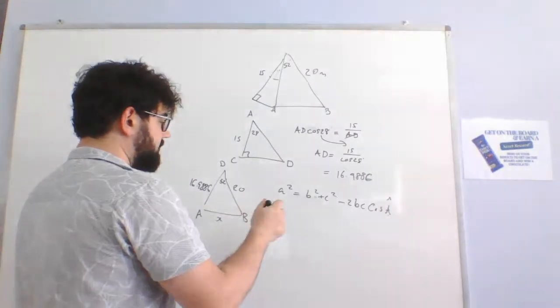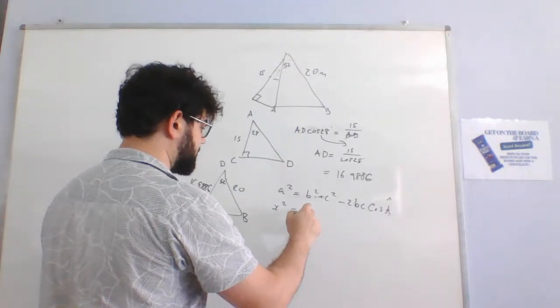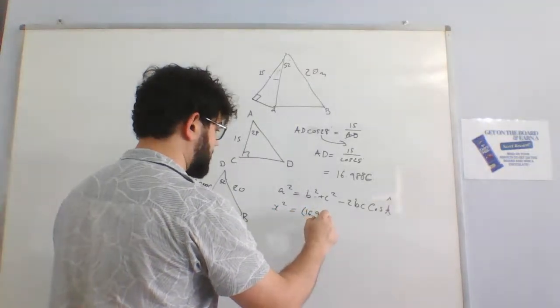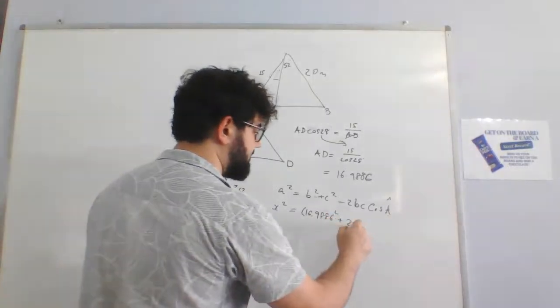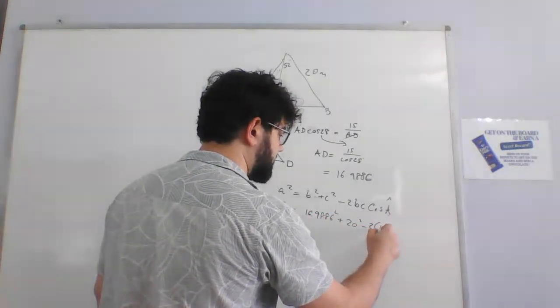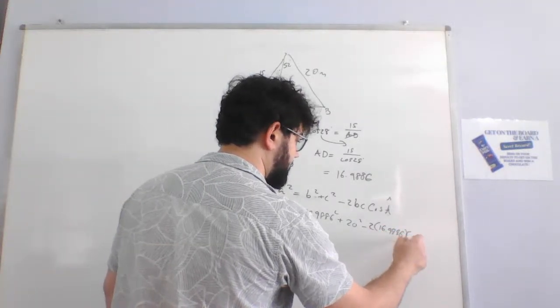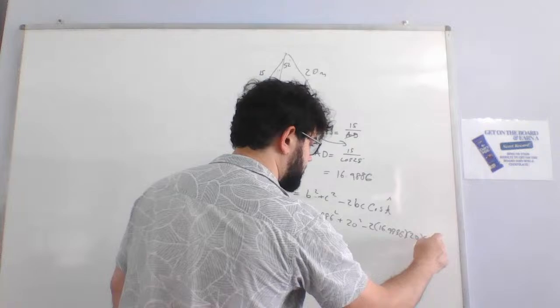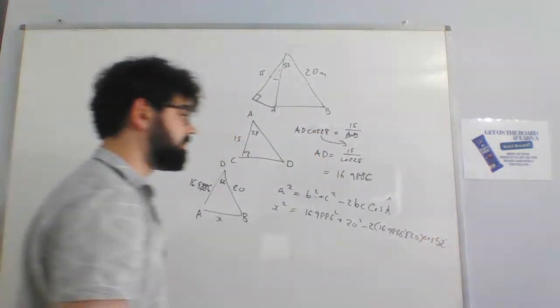So it will be x squared equals 16.9886 squared plus 20 squared minus 2 times 16.9886 times 20 cos of 52. Okay, so look at that.